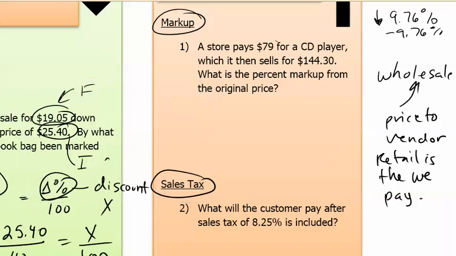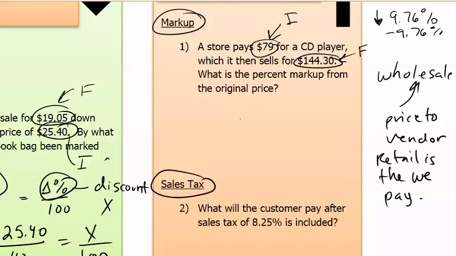A store pays $79 for a CD player, which it then sells for $144.30. In this case, our original price is the lower price, because that's what the store bought the item for. So this is our initial, and the final price is what they sold it to the customer for. What is the percent markup? How much is the store profiting?